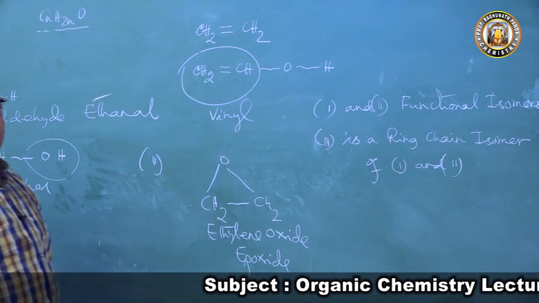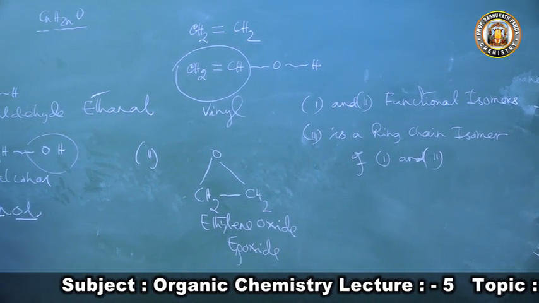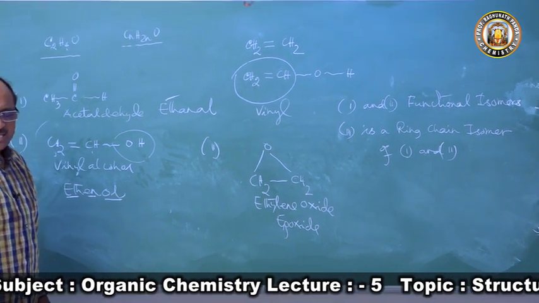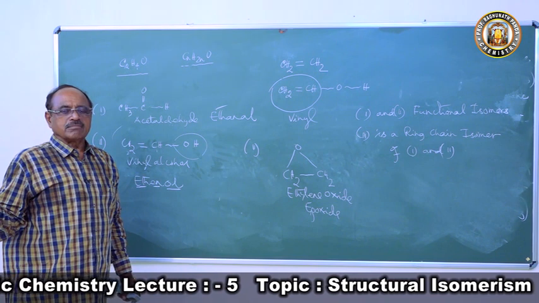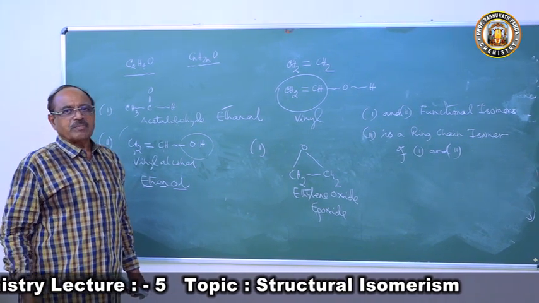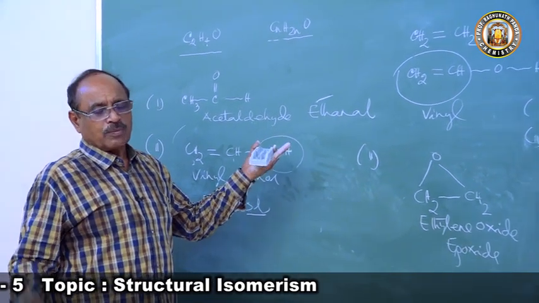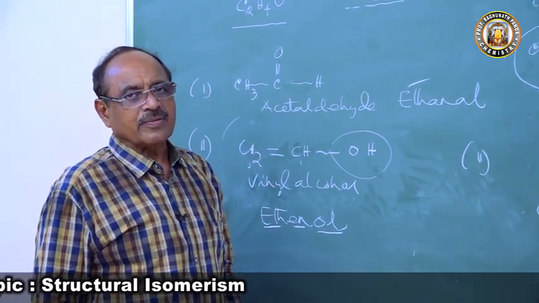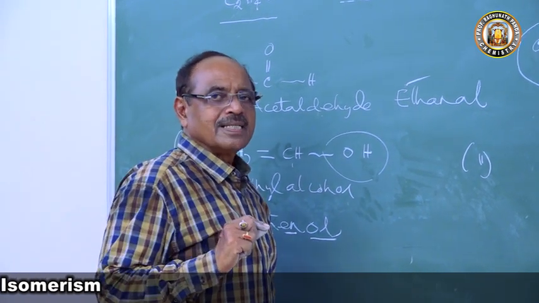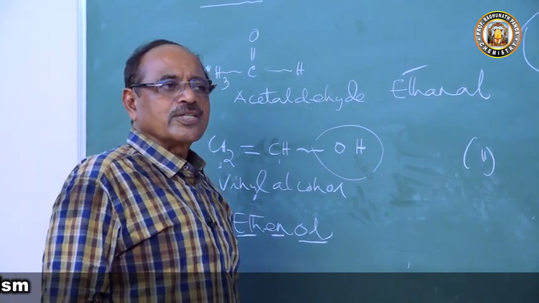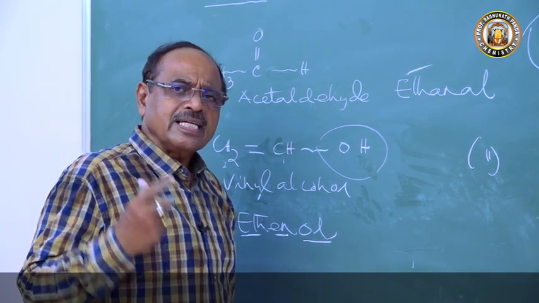So this is a question you can have. You may have the ring-chain isomer of vinyl alcohol or acetaldehyde, in fill-in-the-blank form, because you have 1 mark and 2 mark questions. Or they can give both structures and ask a question. Once you are equipped with a fundamental concept, then your knowledge begins. So always, my dear students, try to increase your fundamentals.